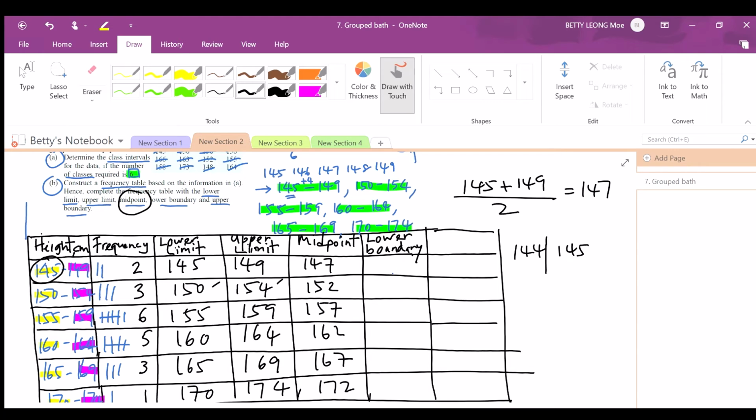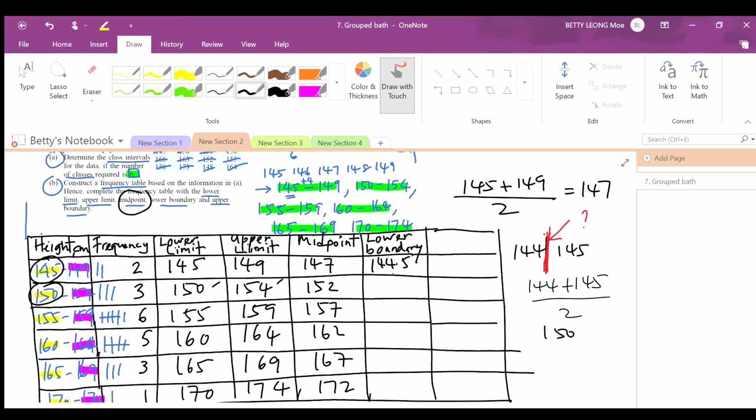So you just add 144 plus 145, you divide by 2. So what you'll get is 144.5.